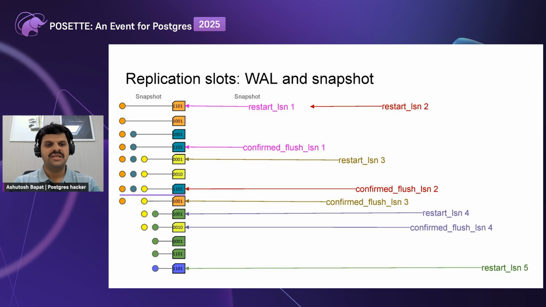But still, if you note, orange is still the transaction which has the oldest LSN. And so if the WAL sender restarts at this point, it has to go back all the way to the start of the orange transaction and start sending the changes. And so restart LSN does not move even if the confirmed flush LSN has moved ahead.